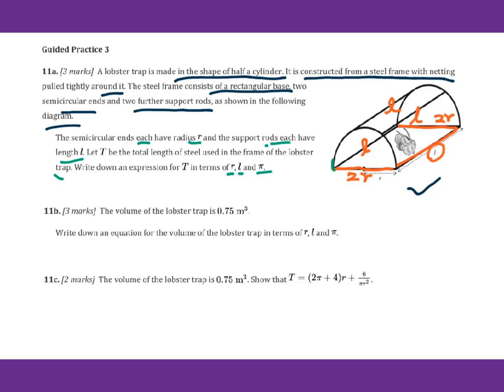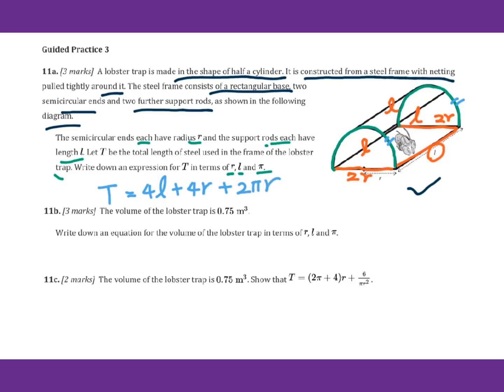Then you calculate half of this circumference, multiply by 2, because we have another one here. In other words, these two adding, you will get the circumference of a circle. Therefore, T equals 4L plus 4r plus 2 pi r.